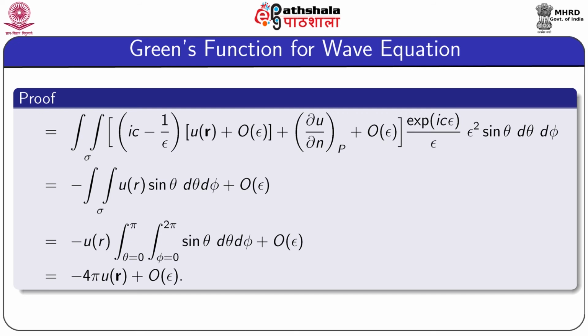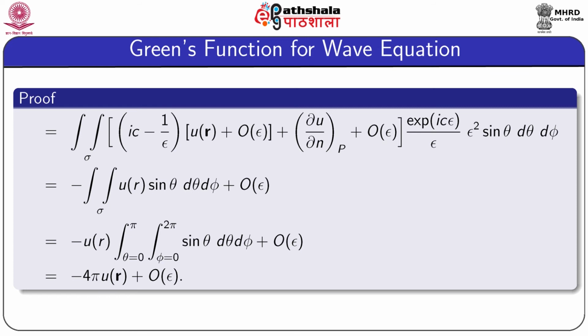So, after simplification, you can see that the 0th order term is integration over sigma u sin theta d theta d phi, and the rest terms are of order of epsilon. Again on sigma we know the value of theta and phi. Theta varies from 0 to pi, phi varies from 0 to 2 pi. So, after integration it becomes minus 4 pi, and the rest of the terms are of order epsilon.